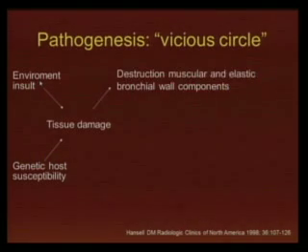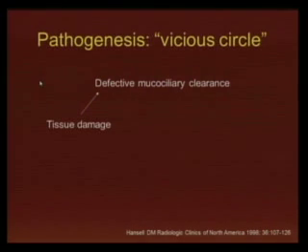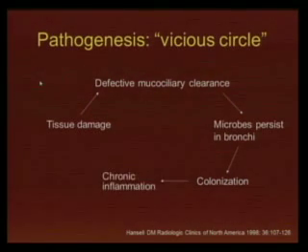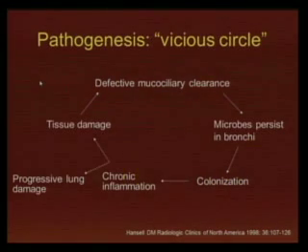Because of that, we have a destruction of the muscular and elastic components of the bronchial wall, producing a defect in the mucociliary clearance. The microbes then persist in the bronchi longer, favoring colonization within the airways, producing chronic inflammation, and the chronic inflammation causes more damage and progressive lung change. That is the vicious circle, the most accepted explanation of the origin of bronchiectasis.